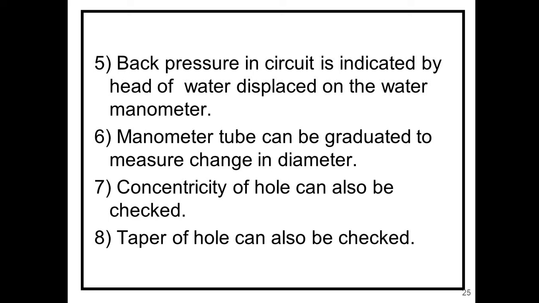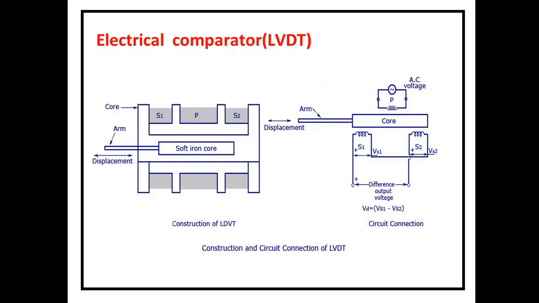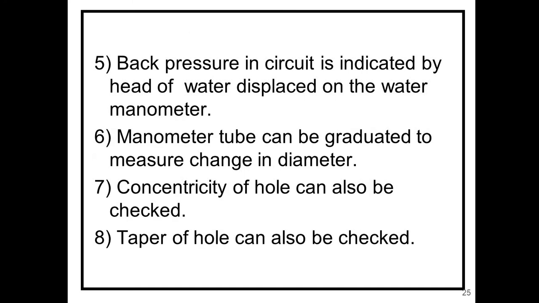Very high magnifications are possible. The indicating unit can be located far away from the measuring unit. These advantages are not written in this PPT, but I am telling you. The indicating unit can be isolated from the actual measuring unit, and it is suitable for long small-diameter holes.